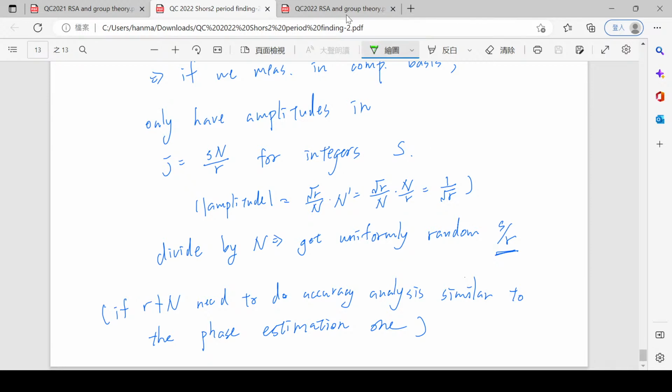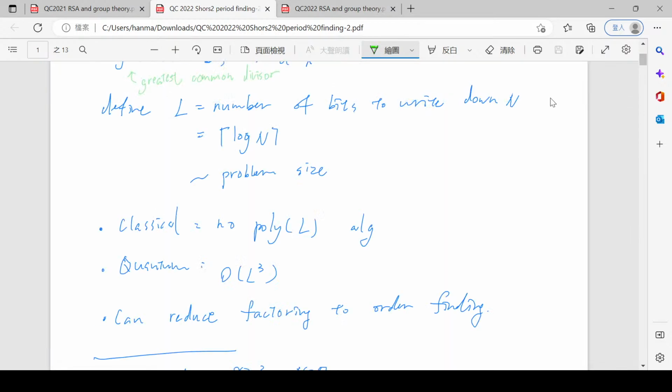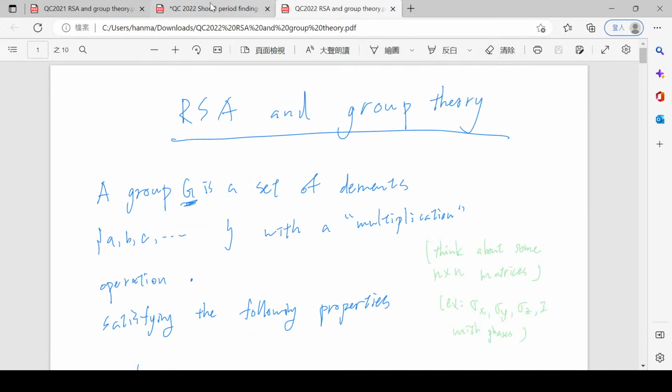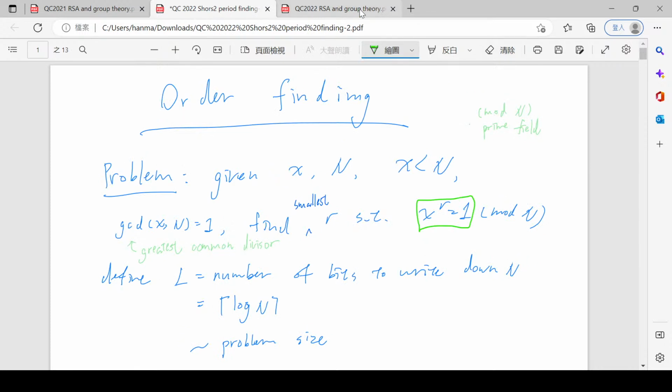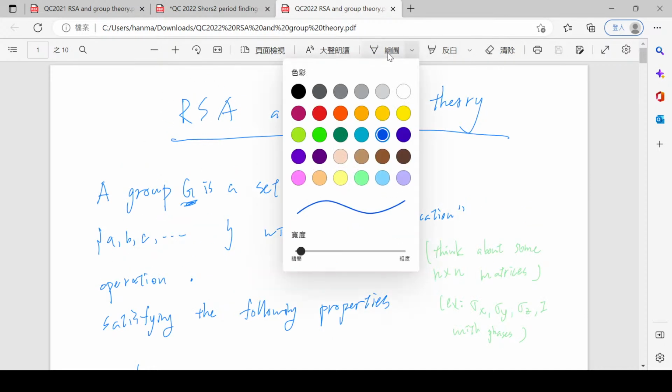Now we'll talk about something more classical: classical number theory, things related to this. Or, more practically, we are going to talk about why Shor's factoring algorithm is useful. That's the RSA cryptosystem.